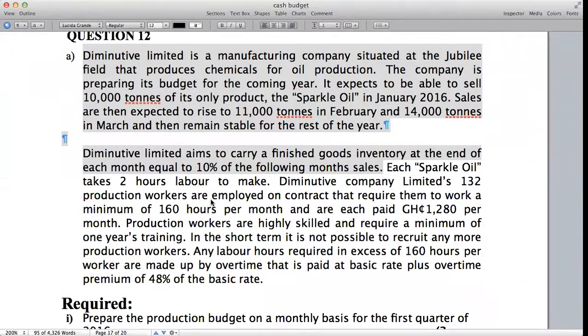It expects to be able to sell 10,000 tons of its only product, the sparkle oil, in January 2016. Sales are then expected to rise to 11,000 tons. These are units.